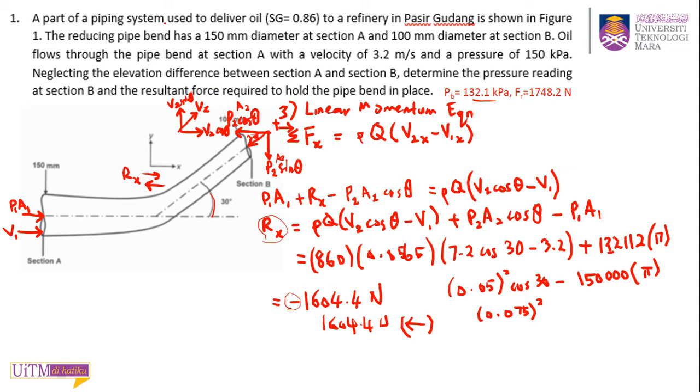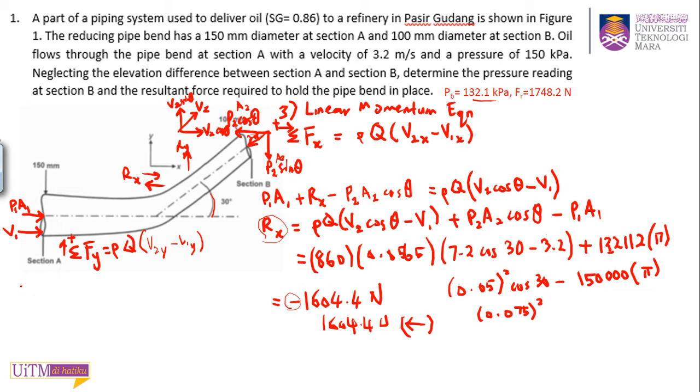Okay, so this is x. They ask you to find the resultant force, that means you need to find for y lah. So for y, and they give you the reference as this, output is positive. Okay, so this will equal to rho Q times V2y minus V1y. So the force term in y direction is only Ry. And you have P2A2 sin theta to the opposite side.